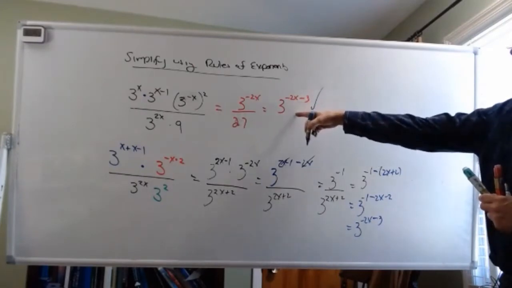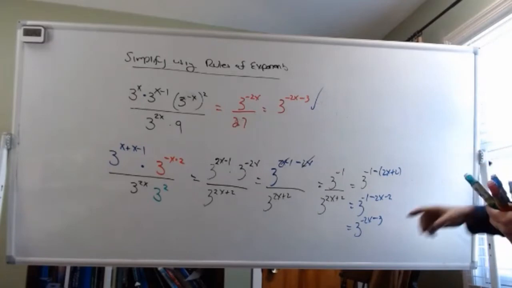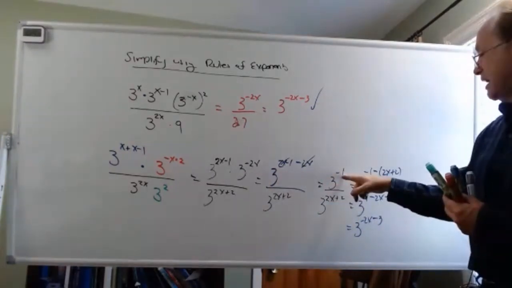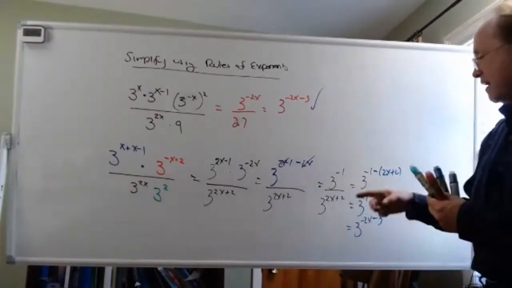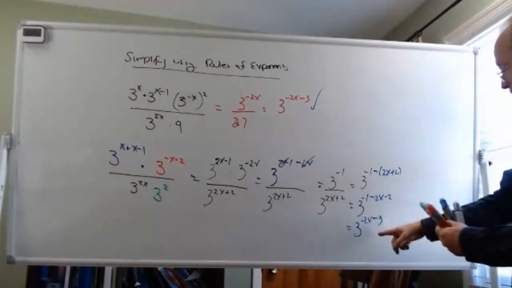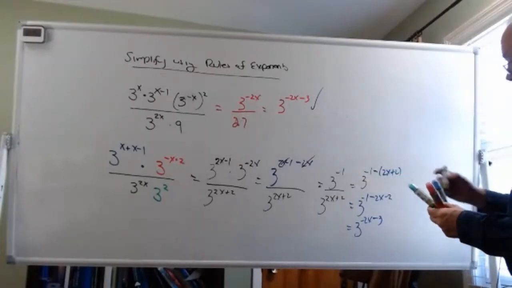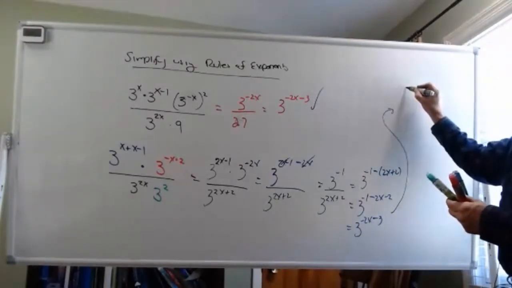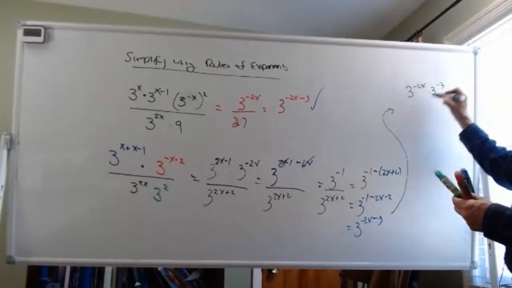To write it with a single base, that's the preferred way. Now, if I left this as a 3 to the minus 1, that's actually 1/3. 3 squared is 9. So the other possibility, if I wanted to rewrite this, I could look at this in this fashion and write that as 3 to the minus 2x times 3 to the minus 3.